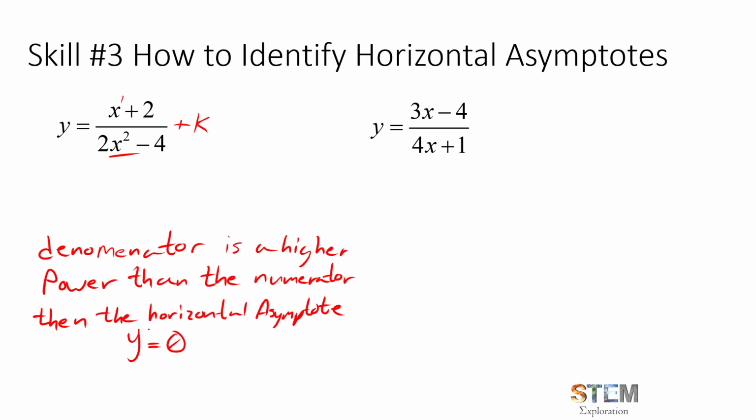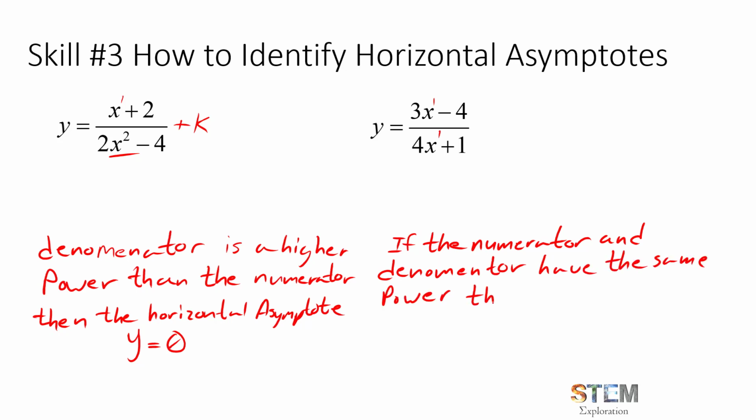Now, if we look at a different circumstance, in this situation we have both terms at the first power, so they are the same. If the numerator and denominator have the same power, then the asymptote is the ratio, y equals ax over bx, so to speak.